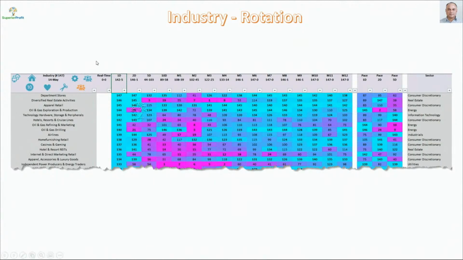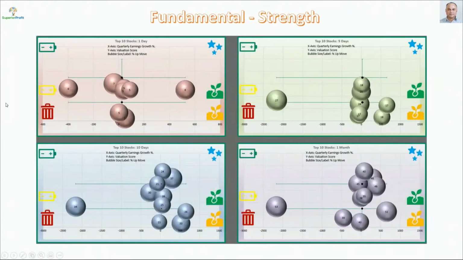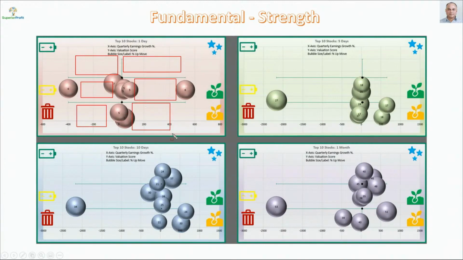There are different ways of choosing fundamentally strong stocks. I have simplified it by looking at 6 quadrants. Here I am looking at the top 10 stocks over 1 day, 5 days, 10 days, and 1 month. Let's look at the 1 day period to illustrate the concept.